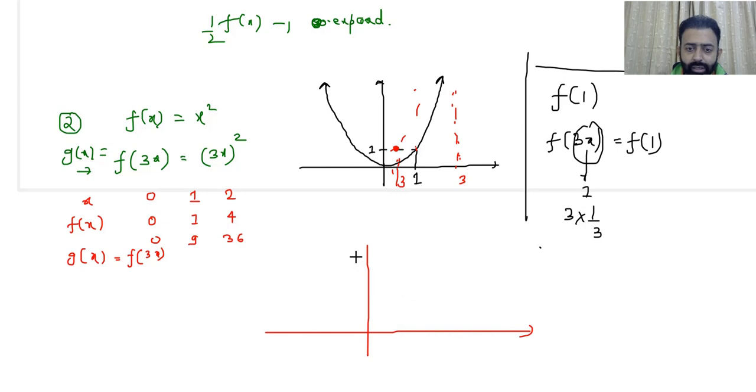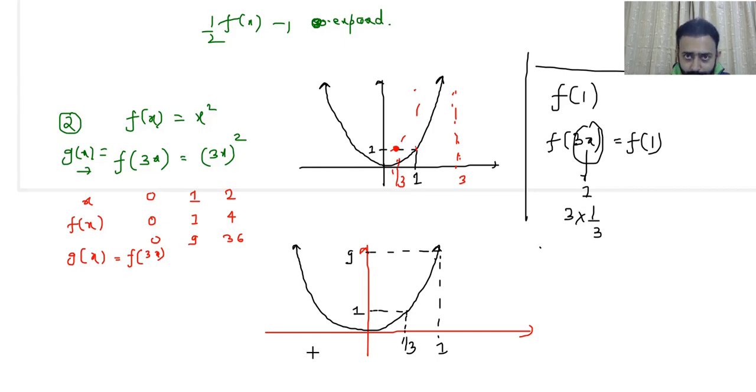The shape of the graph will look like y equal to x square, but this time we will change this 1 to 1 by 3, and whatever was 3, we will replace by 1. At x equal to 1 by 3, you are obtaining 1, and at x equal to 1, this time you are getting 9. So it has been compressed along the x-axis.